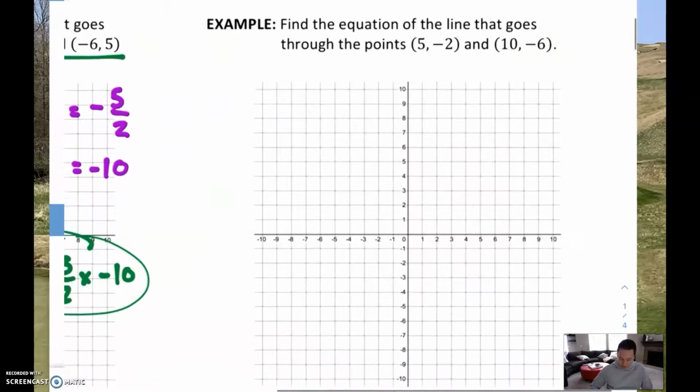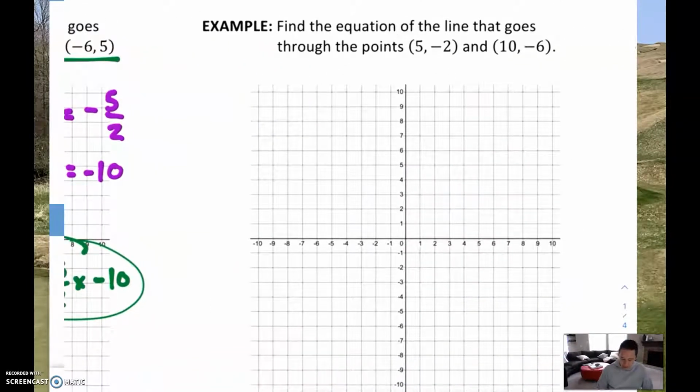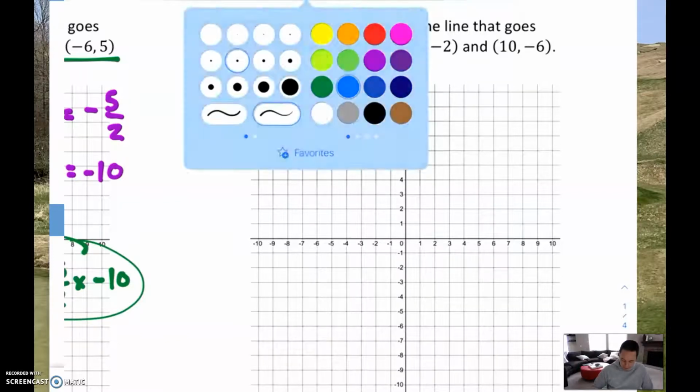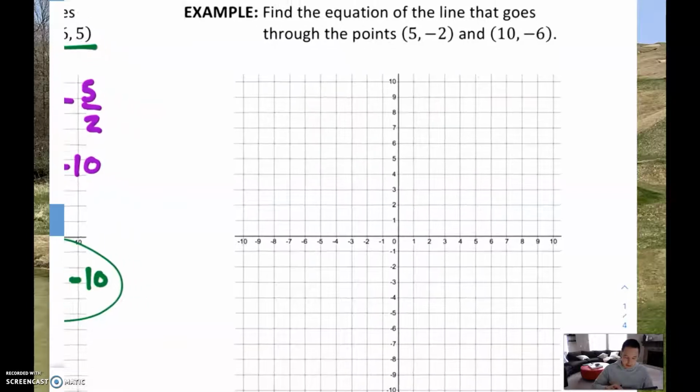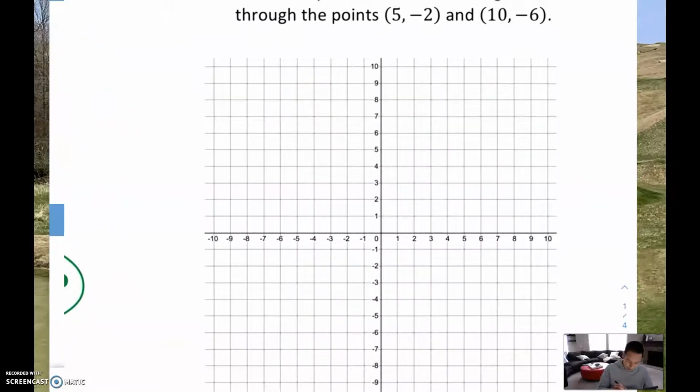One more example. Find the equation of the line that goes through the points 5, -2 and 10, -6. Let's start by plotting 5, -2. That'll be here. And the point 10, -6 is down here. First thing we have to find is the slope.